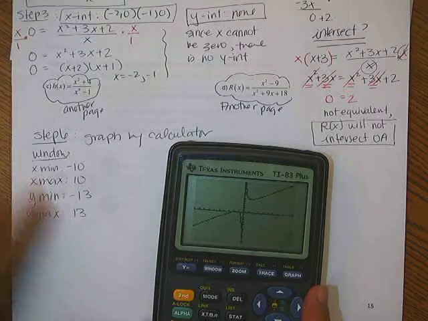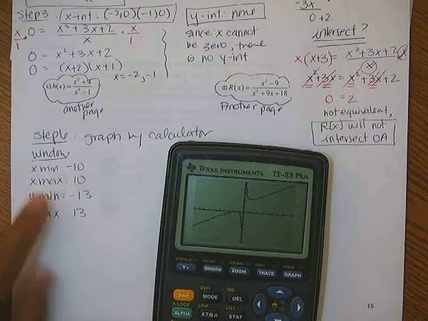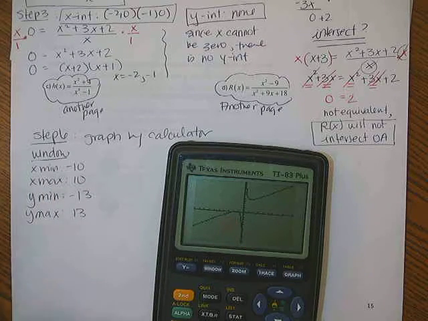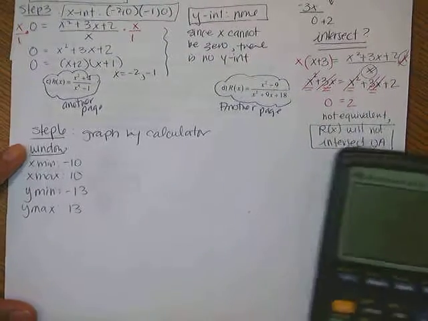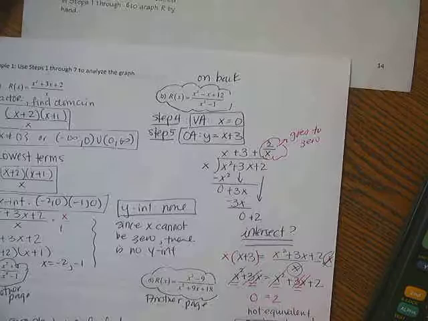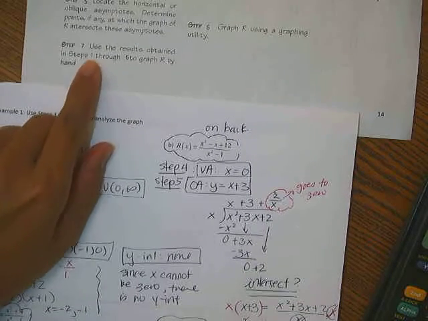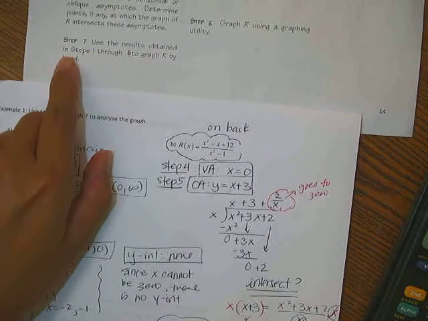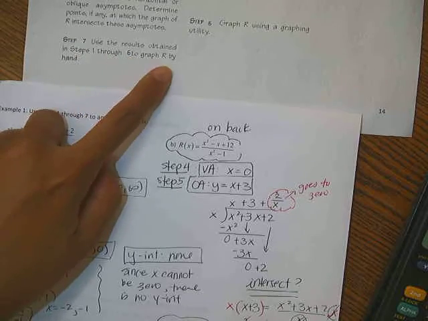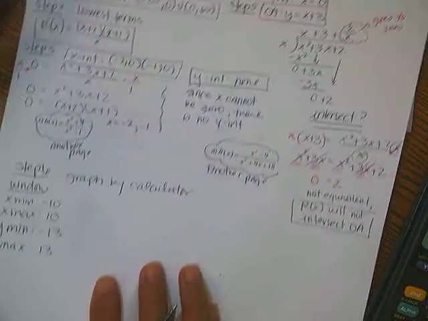All right. Now, do you have to have the same windows as I currently have? No, as long as you can see everything that I see here. So we graphed it using the calculator. And then it says here, step 7, use the results obtained in steps 1 to 6 to graph R by hand. Okay.